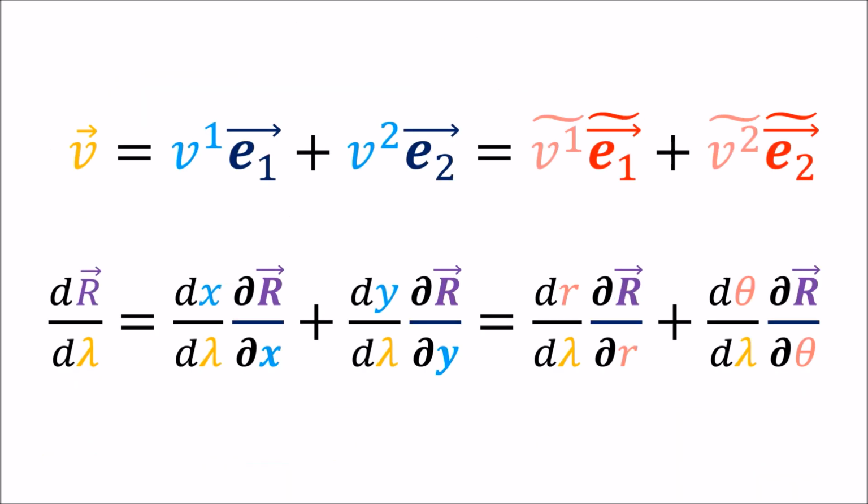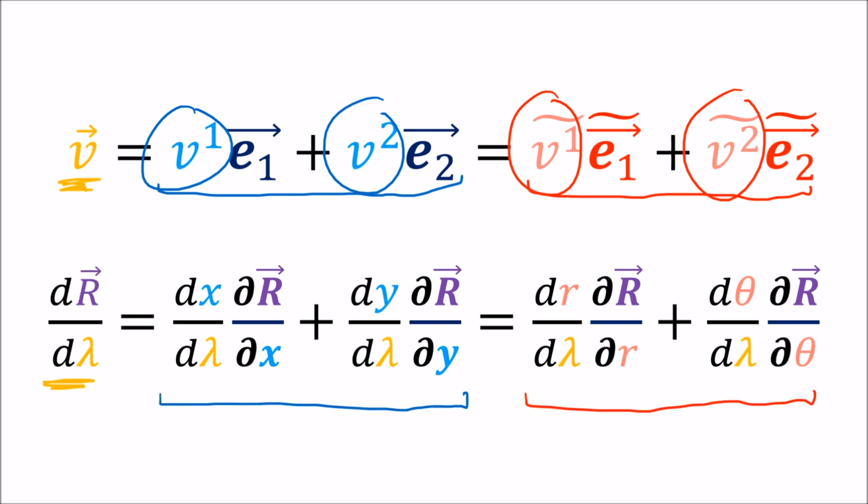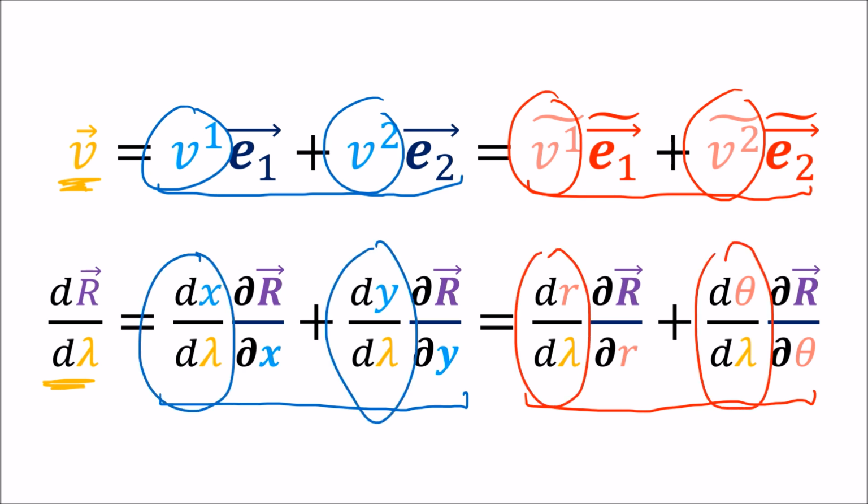So really, the main takeaway of this video is you already know that when we have an ordinary vector, we can expand it in one basis or expand it in another basis, and in each case, we get different sets of components depending on which basis we use. And the exact same thing is true for vector fields along a curve. We can use multivariable chain rule to expand it out in one basis or another basis, and we'll get different components for that vector field depending on which basis we use.